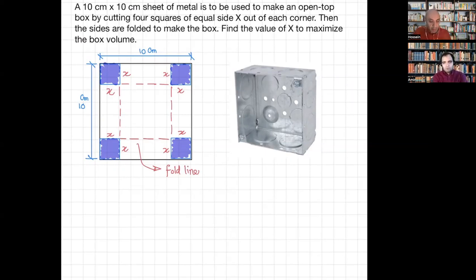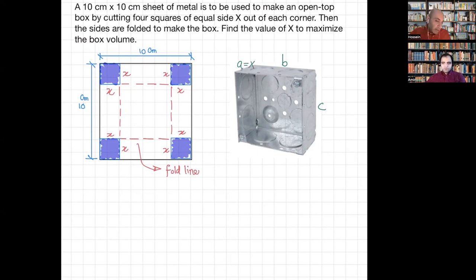So if I name the sides, let's call this side A, this side B, and this side C. I think if I compare the two figures, A is going to be equal to x after folding.